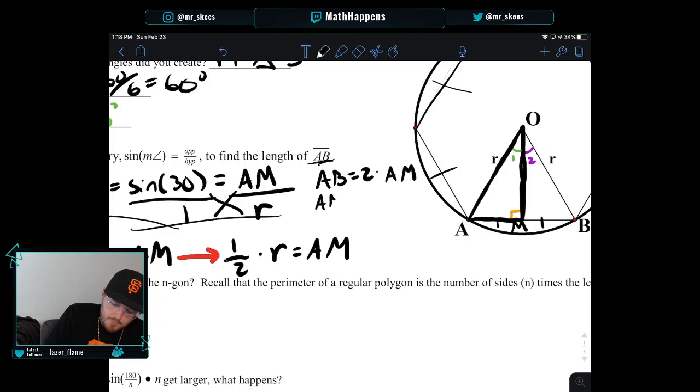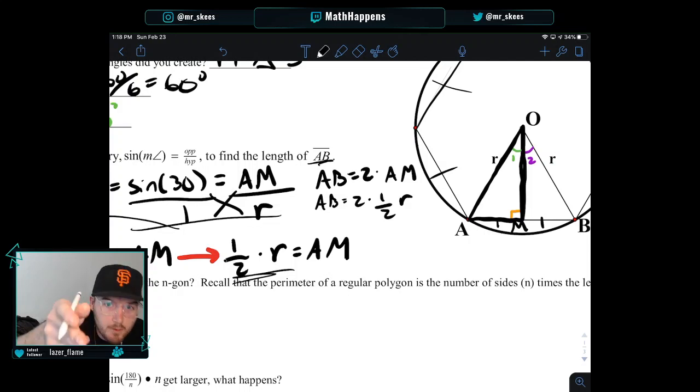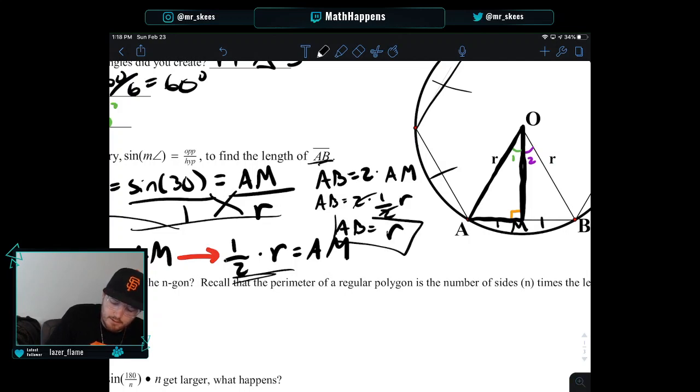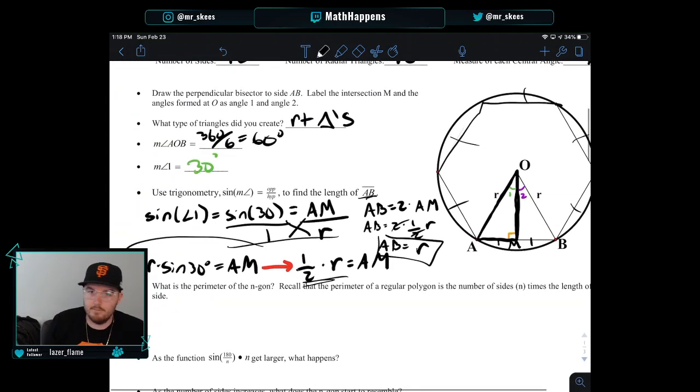So that means AB is 2 times 1/2 R. So in other words, the 2 and the half cross out, and AB is just R. Okay? Interesting.